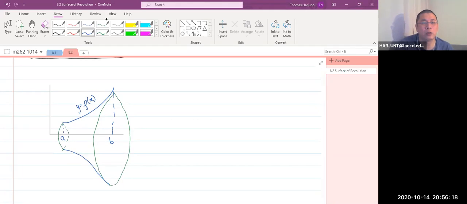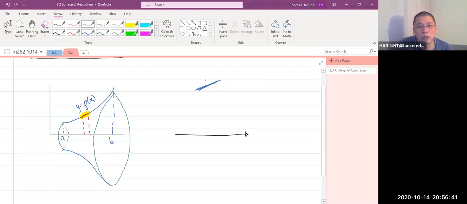Now the idea will be as follows. I will do a small cut here and a small cut there. Let me zoom in on the right hand side. Earlier, this is our ds, right?